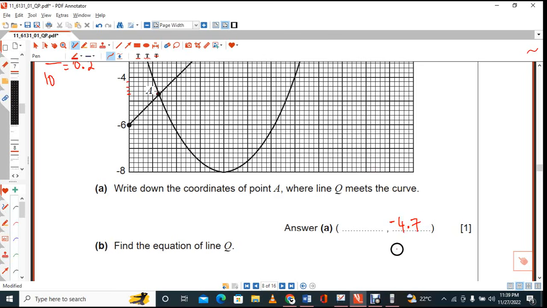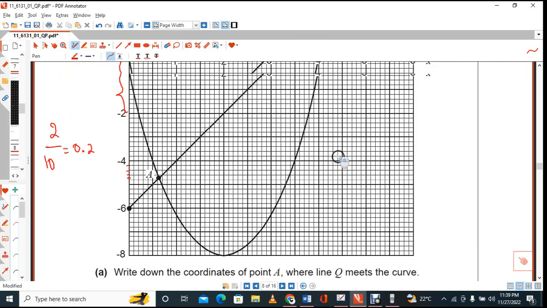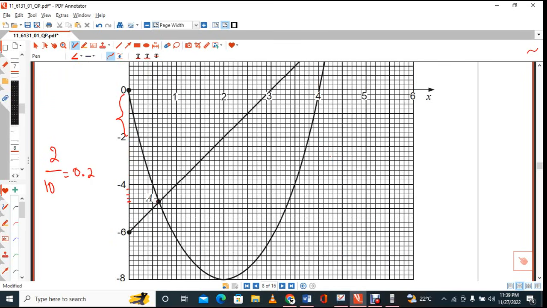Okay, negative 4.7. As for the x value, it's a range, and we accept a certain range, okay? Because not all of us are giving the same answer. So once you look at that, you get an x reading there.